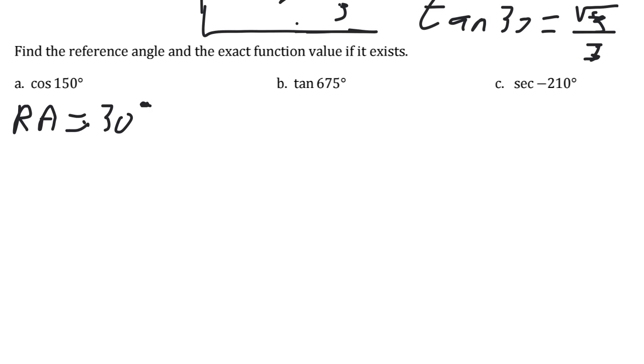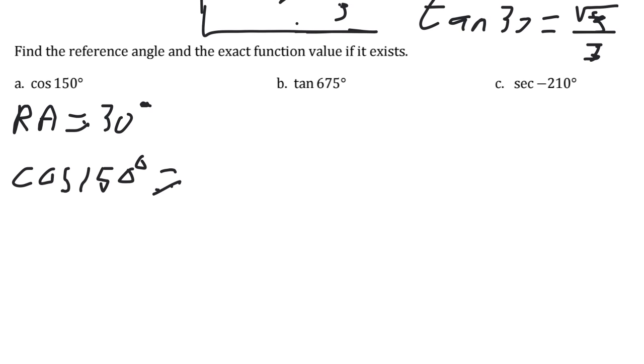All right. Go to your trig fact sheet. And what do we want to find? Find the exact function value. Oh, we want cosine. Cosine of 150 degrees. Well, we got a 30. We'll say cosine of 30 is root 3 over 2.